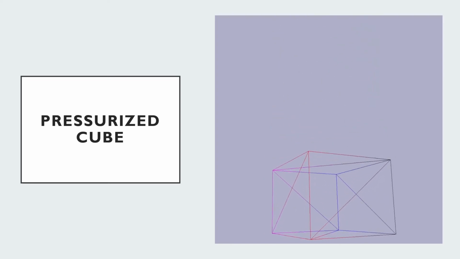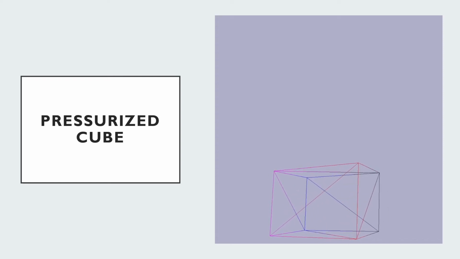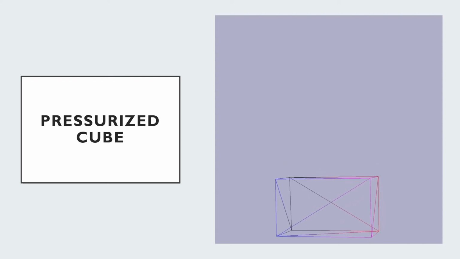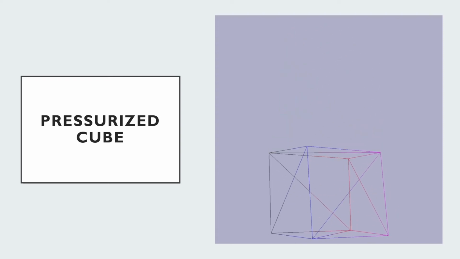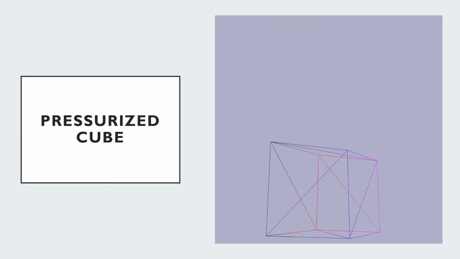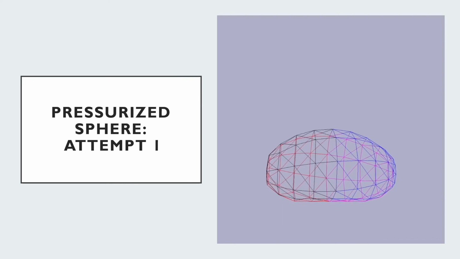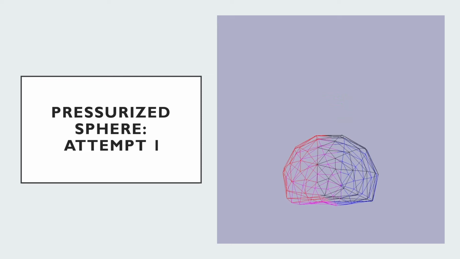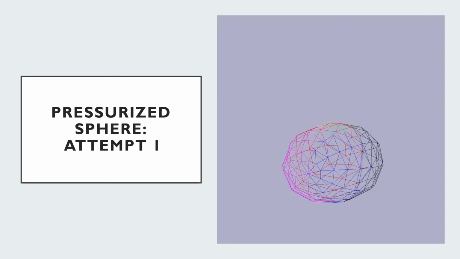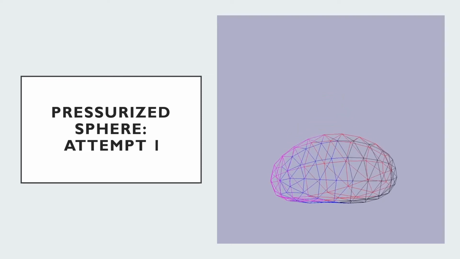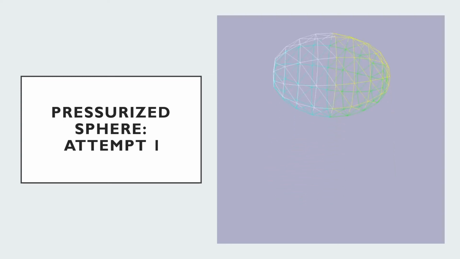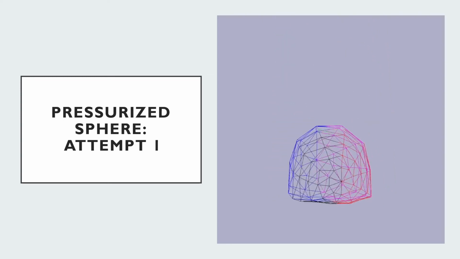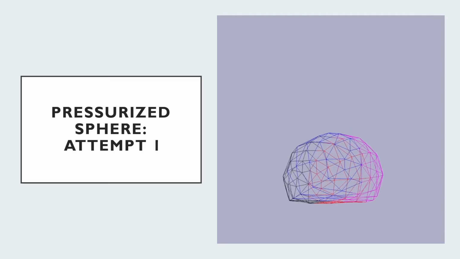And so we can already see that with this model, our objects are behaving less like a bouncy ball or bouncy cube and more like a compressible object. And so the next thing I did was back to my sphere. As you can see, as the sphere rotates, it doesn't really look like a sphere and is more of a hot dog shape. And so this came from how the internal pressures are calculated on the vertices.